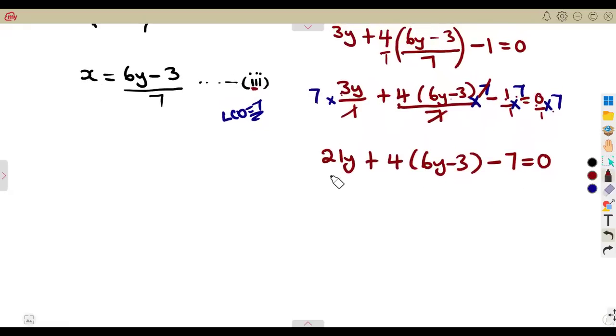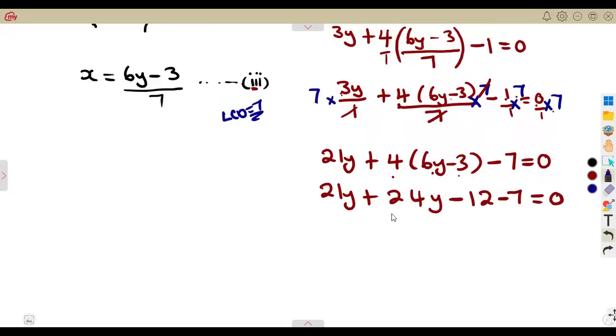So you can consider expanding the brackets. Positive 4 times 6 is 24, so that's 24y, minus 4 times minus 3, which is minus 12, minus 7 is equal to 0.